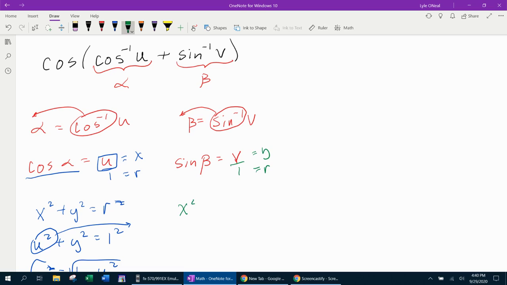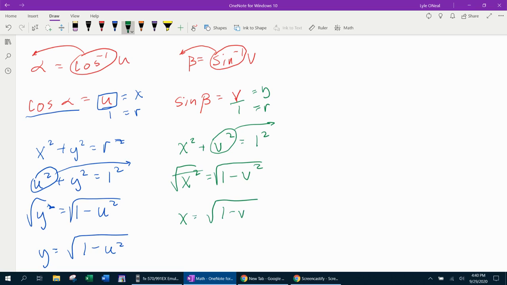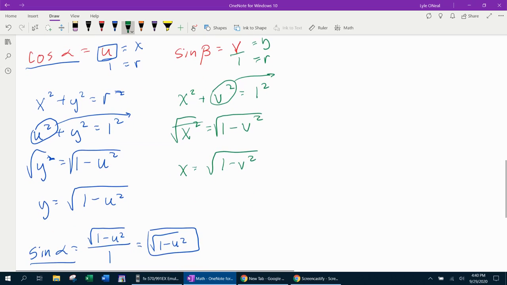So x squared plus y squared equals r squared. Solving for x, that's going to give me x squared equals 1 minus v squared. And taking the square root of both sides gives me x is the square root of 1 minus v squared.